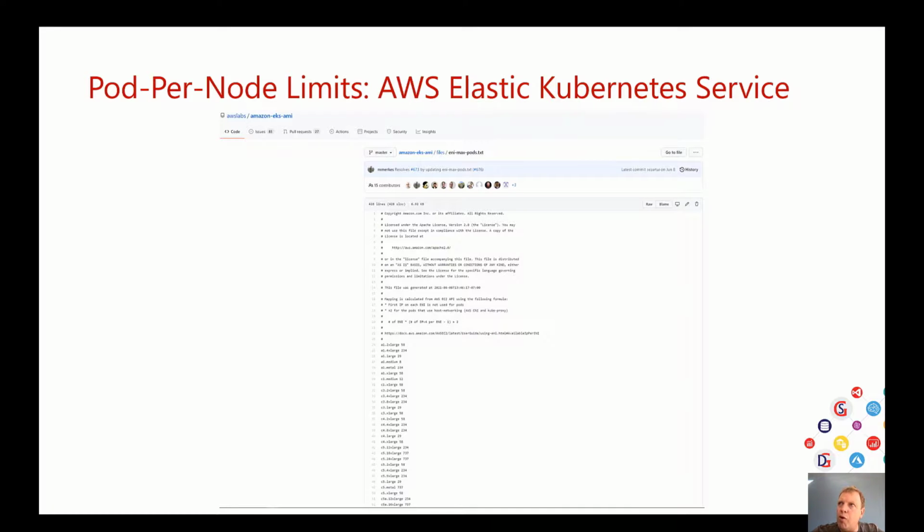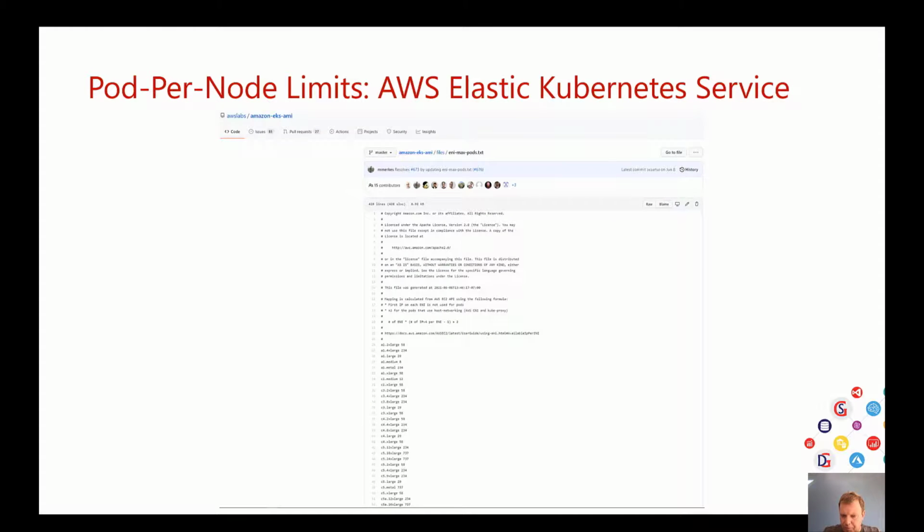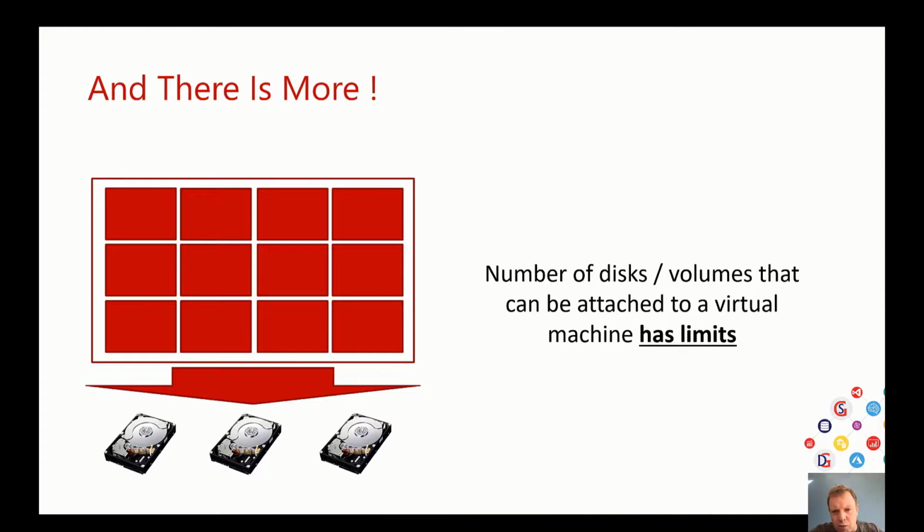What I would probably do, in the absence of any other compelling information, is perhaps go with the limits which Google imposes, which is a maximum of 110 pods per node. And there's more.